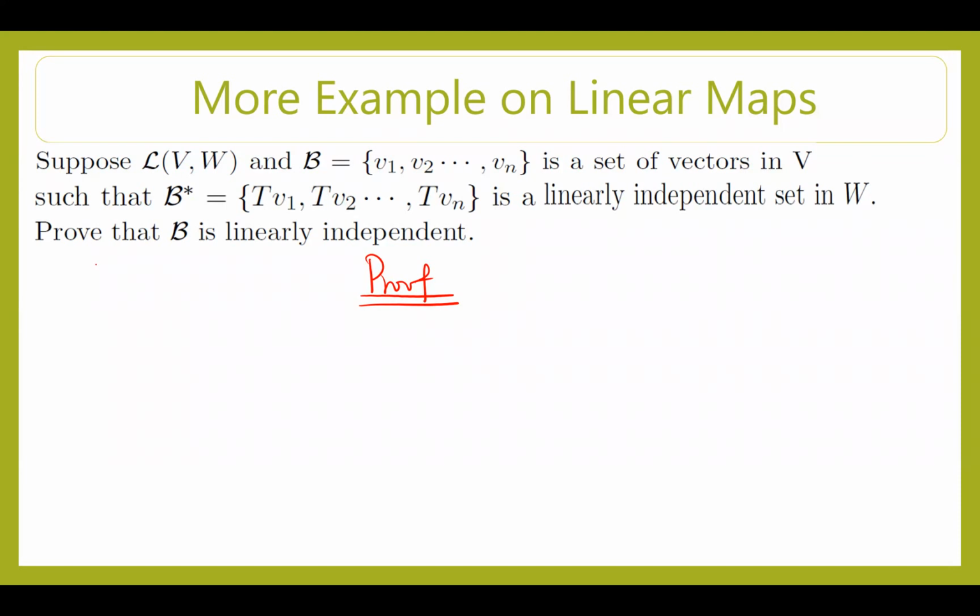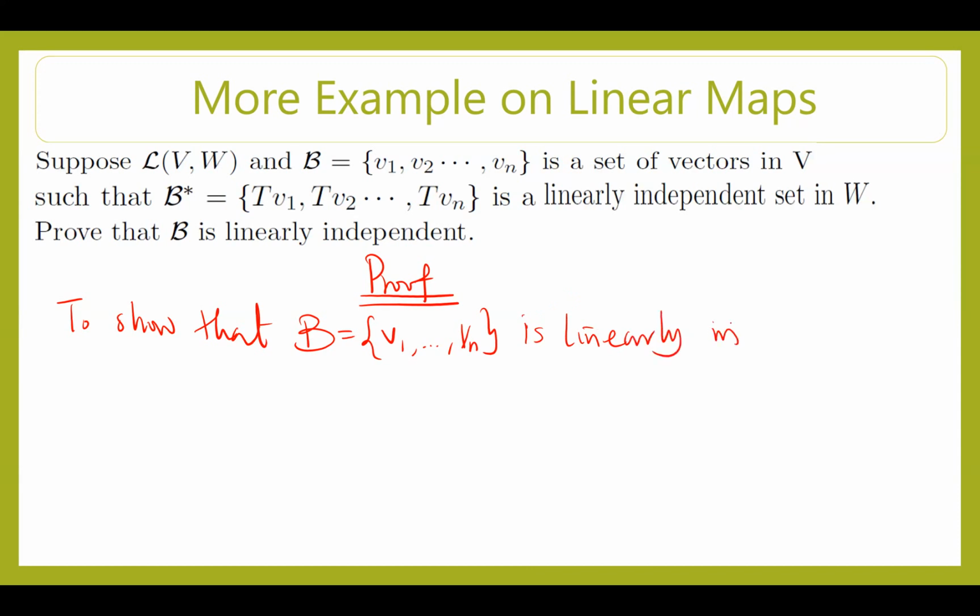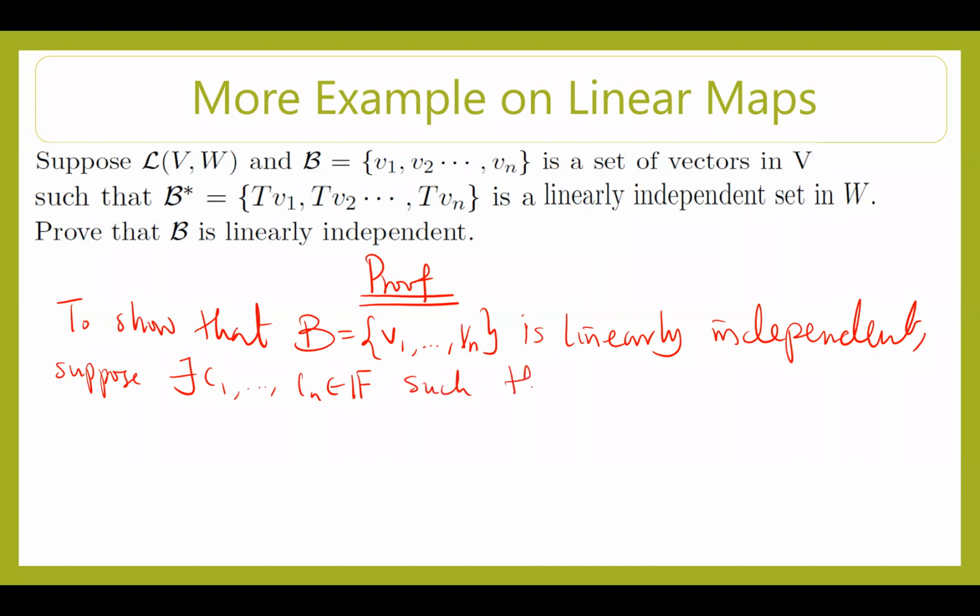Okay, so to show that B is linearly independent, all we have to do is suppose there are some scalar constants such that the linear combination gives 0.